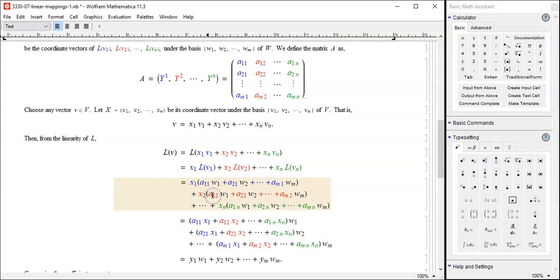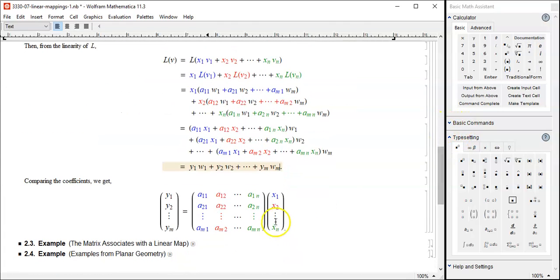Basically, first, like this, and then second, and second, all the way up to mth, like this. So W1, W2, all the way up to Wm expression. And let this be Y1, and let that be Y2, and this is Ym. And then we just compare. Y1, Y2, Y3, all the way to Ym in column happens to be the same as this matrix multiplication.